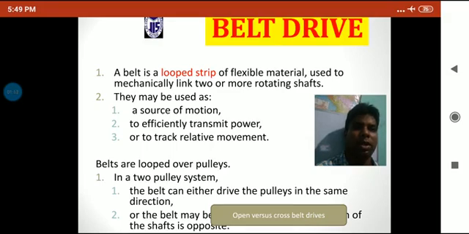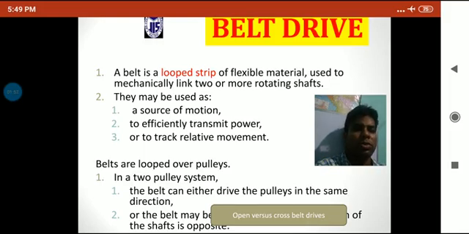Belt drive is also a drive system, and it is a flexible system to transmit torque, power or motion over some center distance between the driving and driven shafts, and the two shafts carry two pulleys. When the two pulleys are placed at some distance, we can easily transmit torque, power or motion with the help of the belt.